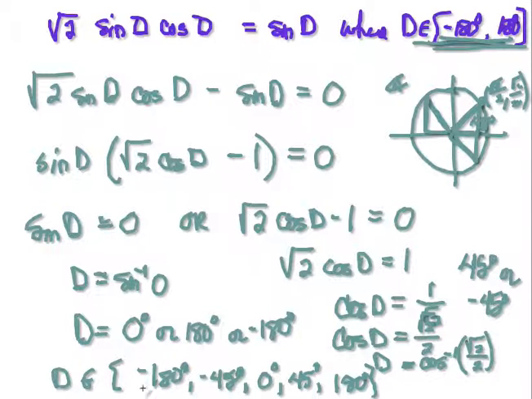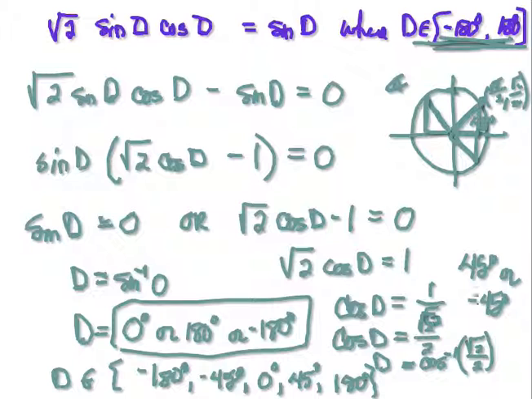So d can be any one of those angles. It can be these possibilities here, or it can be these possibilities. Those are the only angles in this range, from negative 180 to 180. Okay, that's it. Thank you.